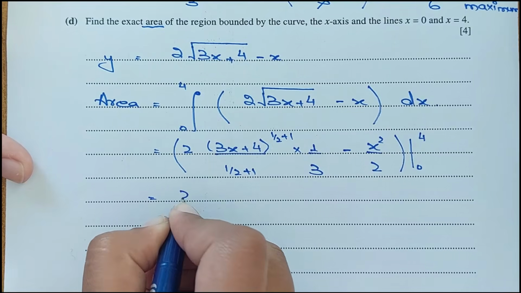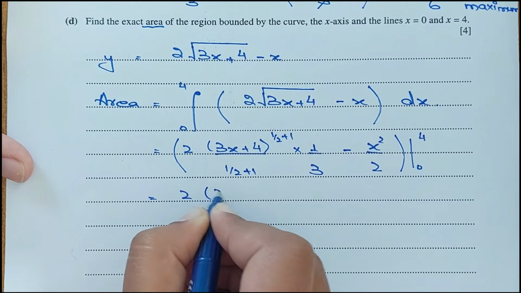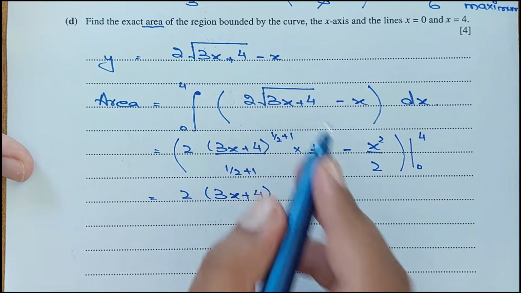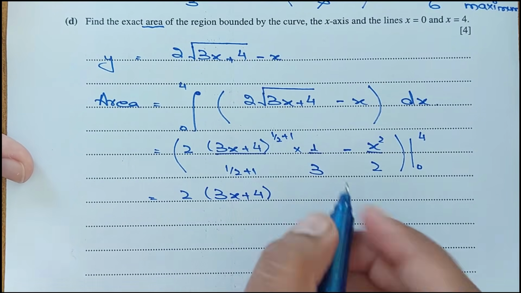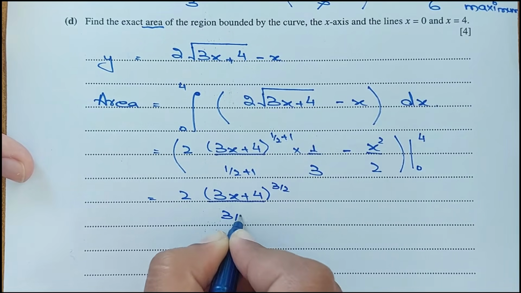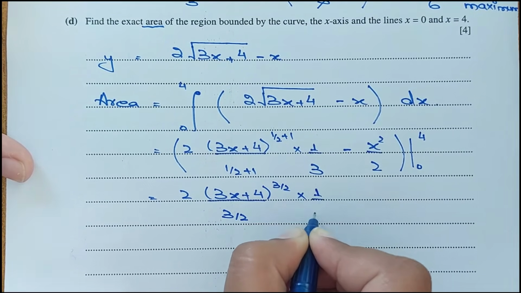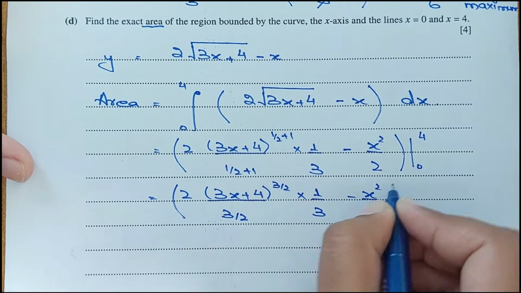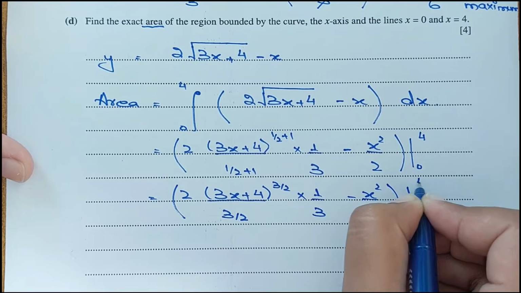So we have 2 times 3x plus 4, 1 by 2 plus 1 is 3 by 2, divided by 3 by 2, times 1 over 3, minus x squared over 2, between 0 and 4.